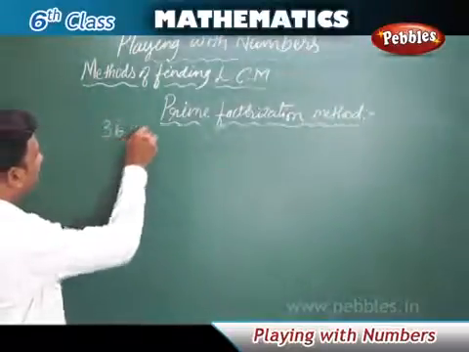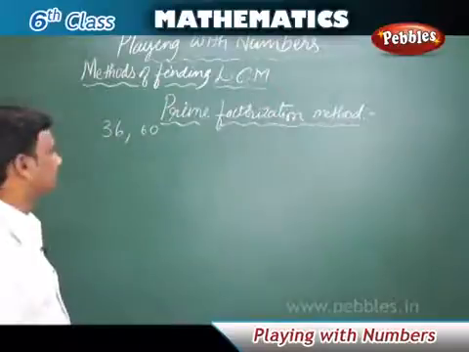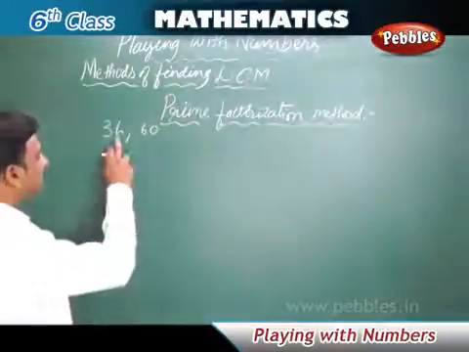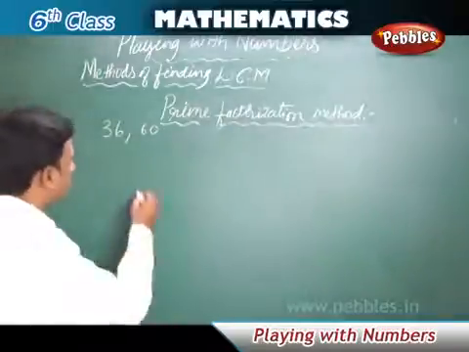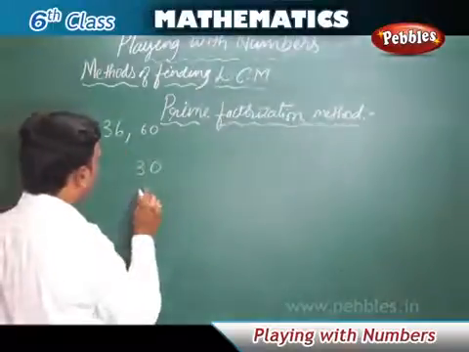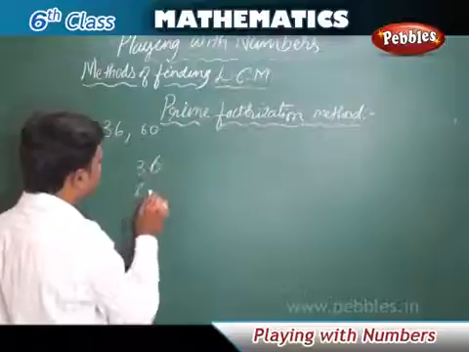Here we are given two numbers, 36 and 60. Let us find out the LCM of 36 and 60 by this prime factorization method. Here we write 36 and 60.